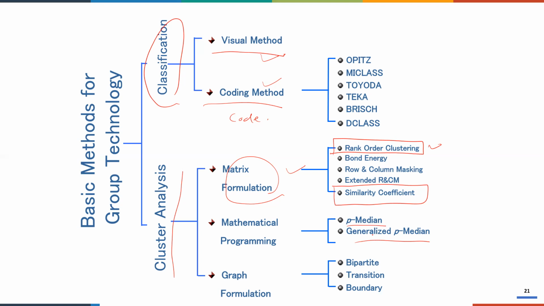If you are familiar with optimization, one of the topics in optimization is how you decide which location, considering this type of objective, the p-median. Or we can have the graph formulation to do that. However, in this class, I will focus on methods 1, 2, 3 and 4.